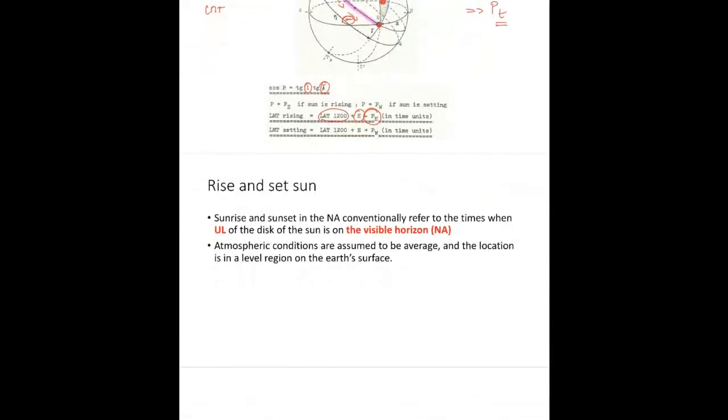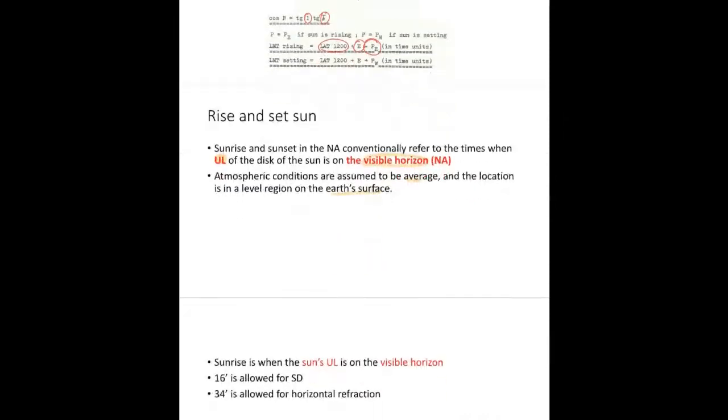Now, sunrise and sunset in the Nautical Almanac, conventionally, refers to the time where the upper limb of the disk of the sun is on the visible horizon, okay? That's in the Nautical Almanac, when the upper limb of the disk is on the visible horizon. Atmospheric conditions are assumed to be average, and the location is in a level region on the Earth's surface, okay?